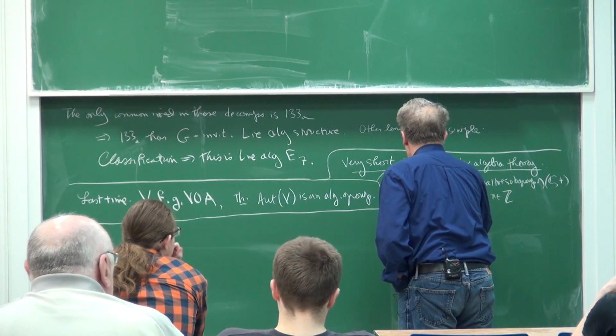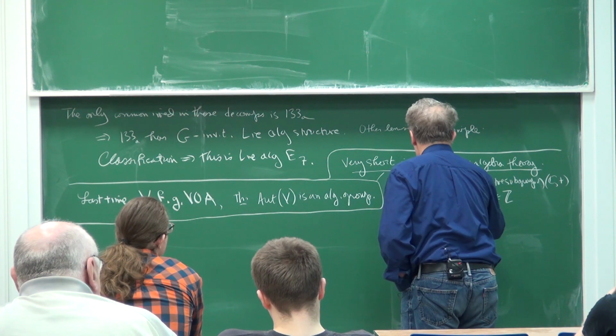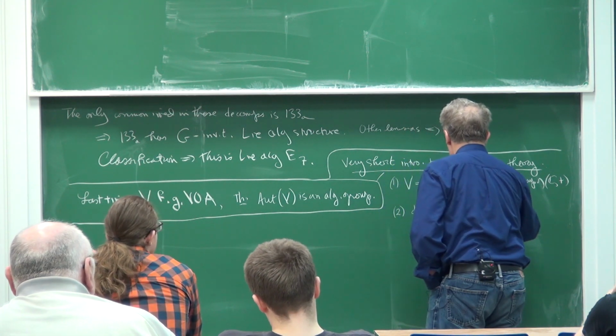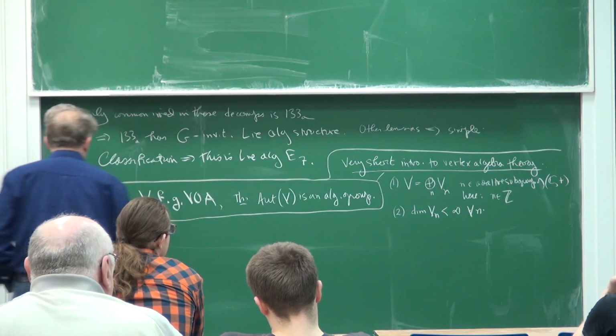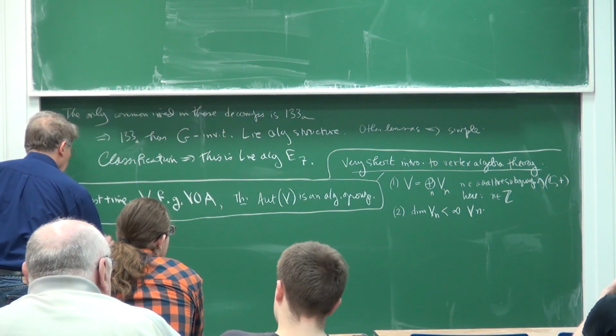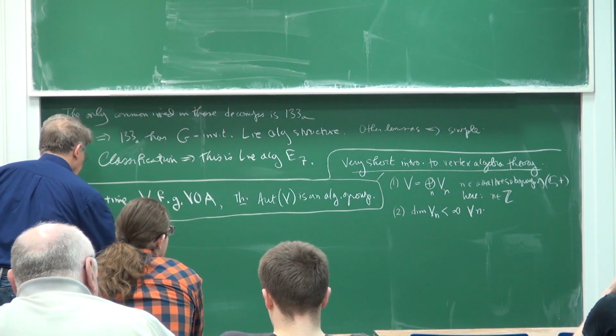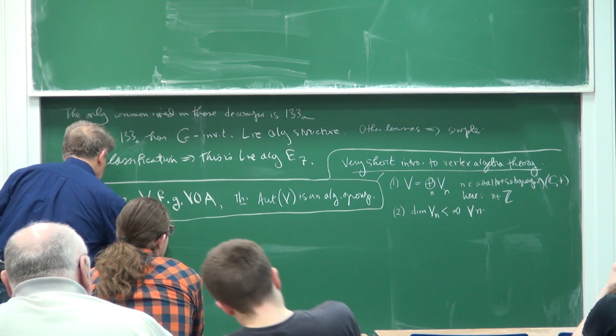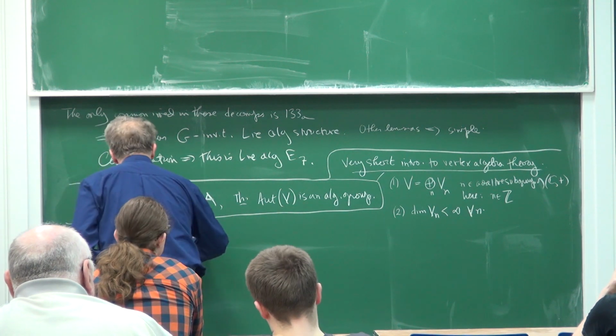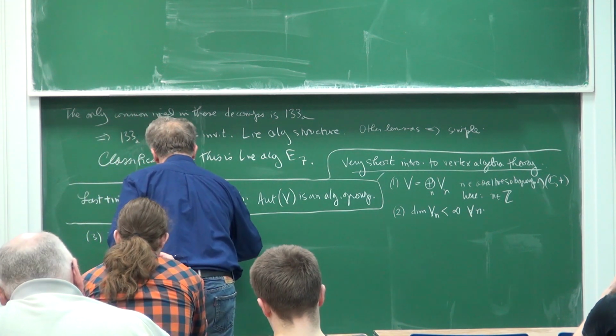Secondly, the dimension of V_n is finite for all n. And third, there exists an element 1 in V_0, and 1 is called the vacuum.